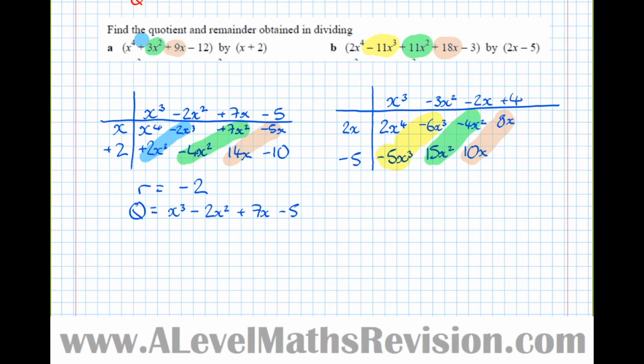Positive 4 makes that 8x appear. 2x times 4 is 8x. Finish the grid. Minus 20. But we don't want minus 20, so find the remainder based on that.